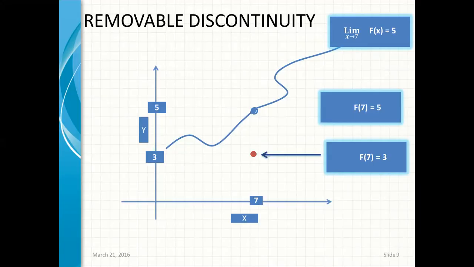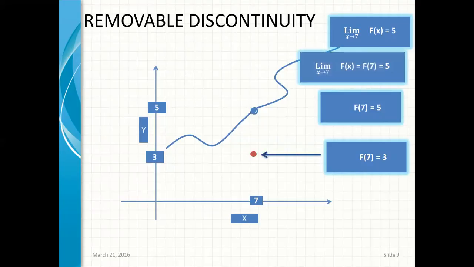So what happens now? Now my function becomes continuous at the point x equals 7, right? So limit x tends to 7 of f(x) equals f(7) equals 5. So now my function is continuous. So I made a discontinuous function continuous, right?